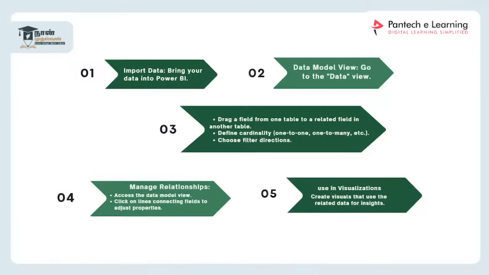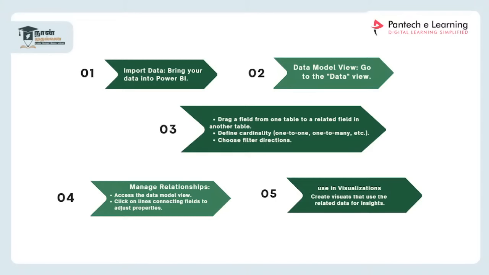This query editor is used for handling the data, changing the data values and converting them into a structured format. Now import the data, bring your data into Power BI, go to the data model view and then the data view. This is the procedure to see and implement the data. Drag a field from one table to a related field in another table.